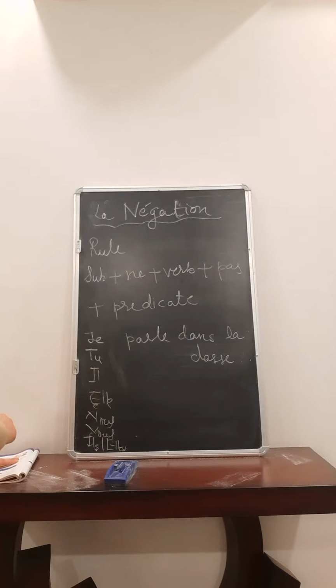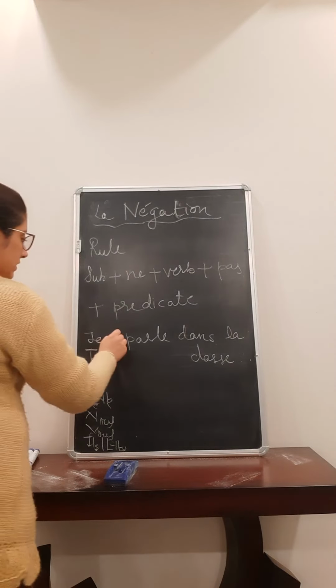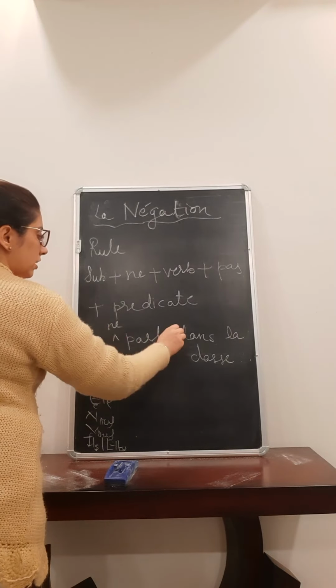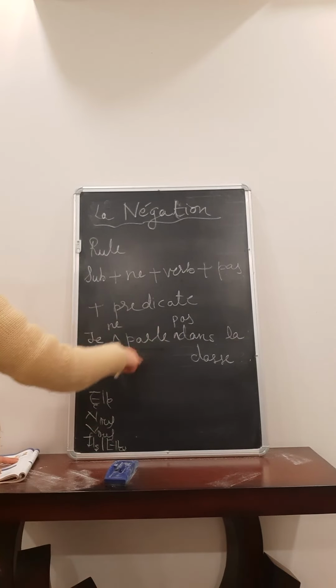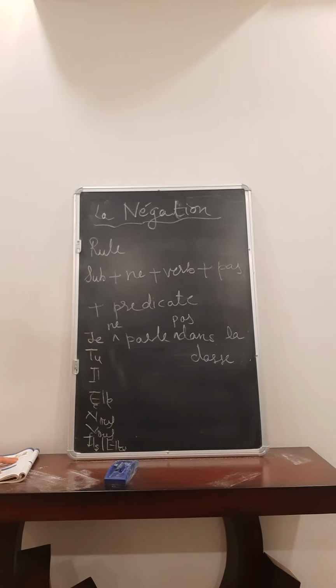So how are we making it negative? We just need to add ne and pas, before the verb and after the verb. Before the verb we write ne, and after the verb we write pas. Ne and pas we have to add to make the sentence negative.